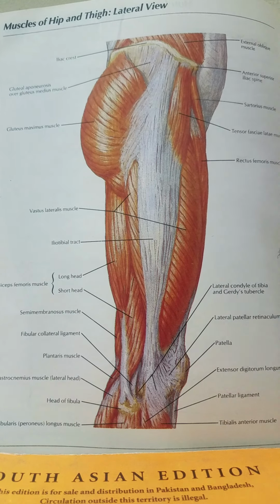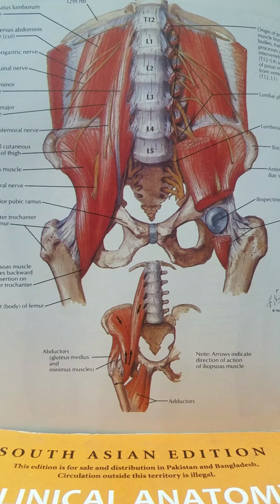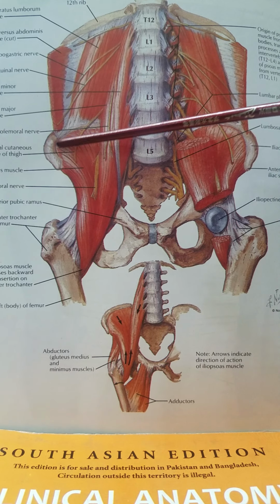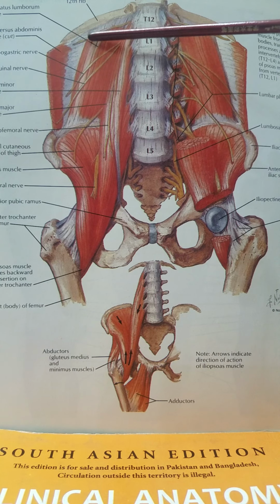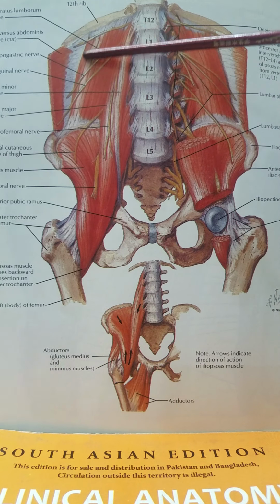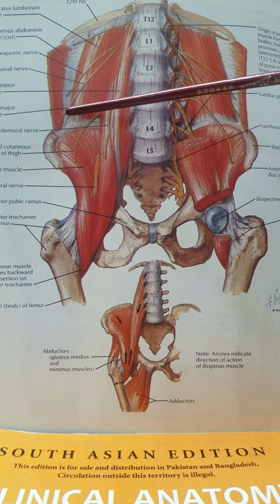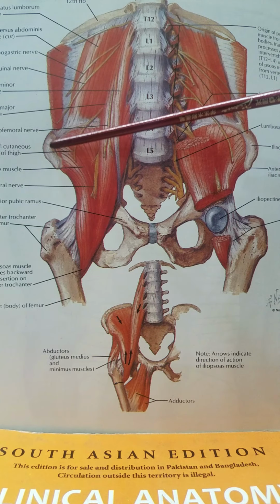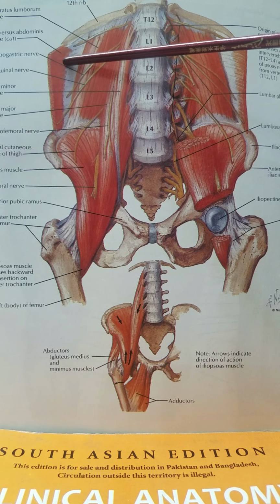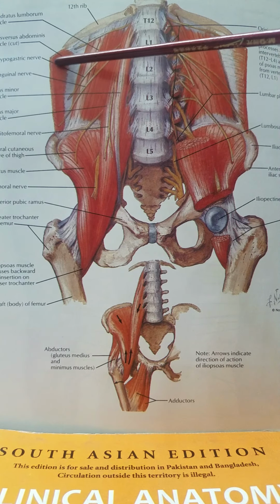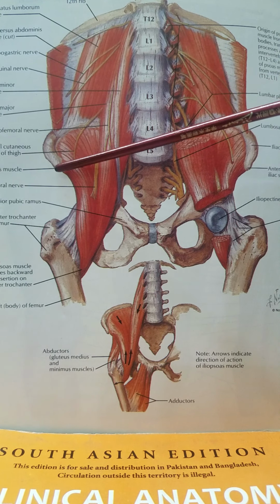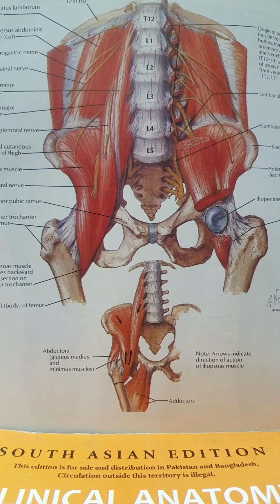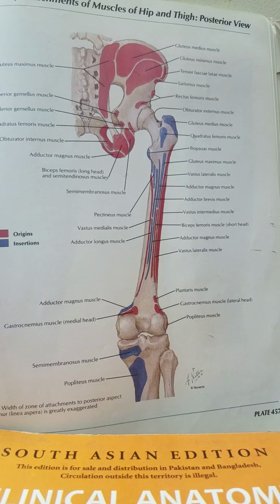Here as well, along with the iliacus muscle originating from the iliac fossa, you can see the quadratus lumborum muscle, which originates from the posterior part of the inner lip, and the transversus abdominis muscle, which has been cut off here and originates from the anterior part of the inner lip of the iliac crest.